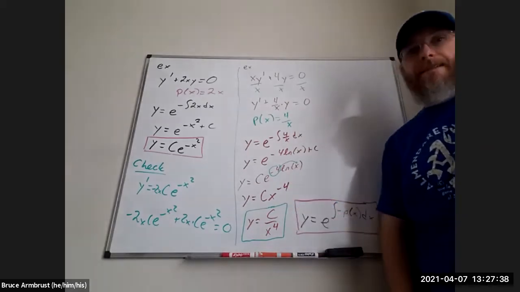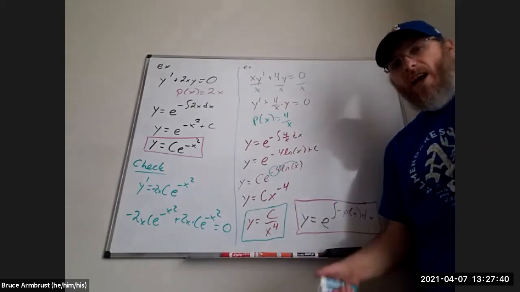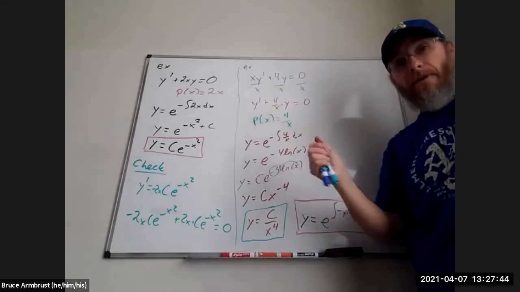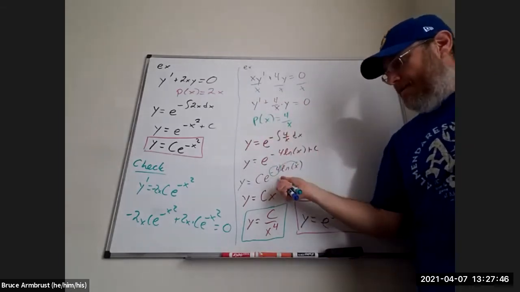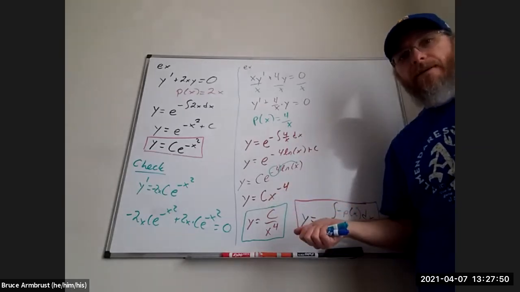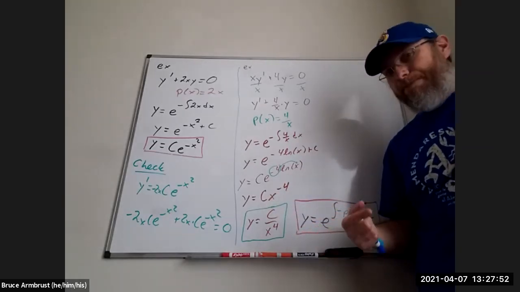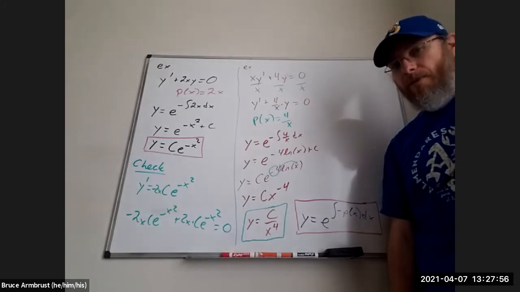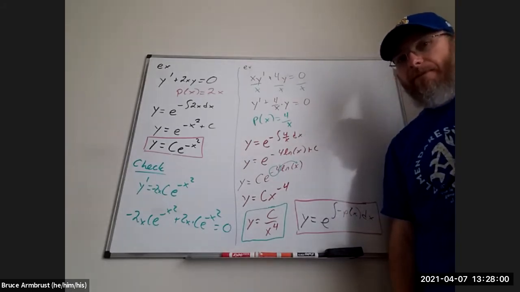But again, fast and easy. What was tricky about this one, other than making sure we were in the right form at the start, is the rule of logs stuff to simplify. If you're a little rusty with that, go back and look at them, because we're going to do that kind of simplification all the time.